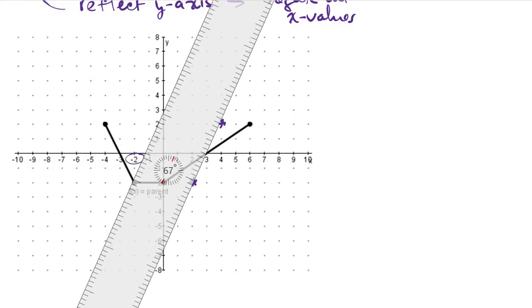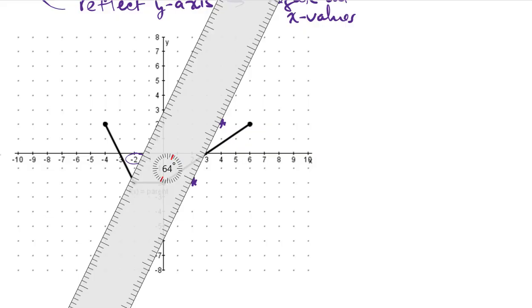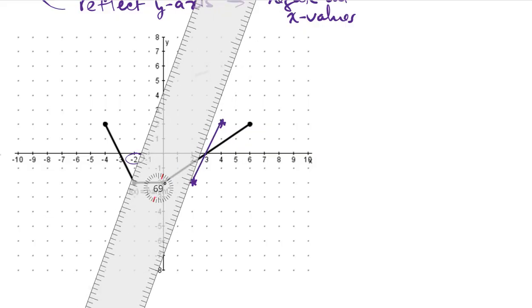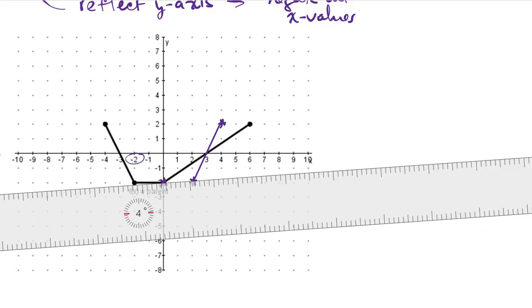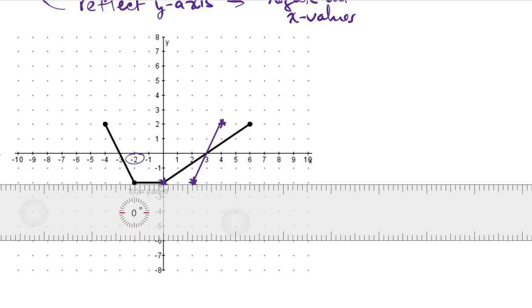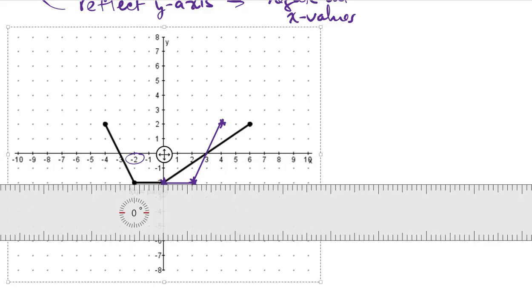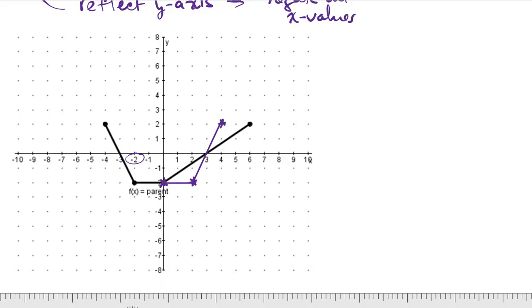So I'll start connecting 2 points at a time. Okay, now point 3, reflecting this about the y-axis, it's going to remain there since the x value is 0. And now point 2 is connected to point 3. And finally, our fourth point, 6 followed by 2, the x value is 6.